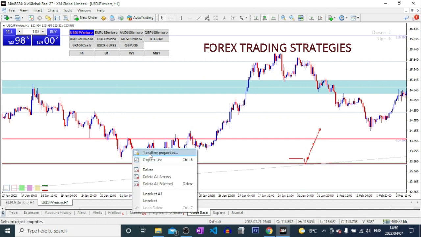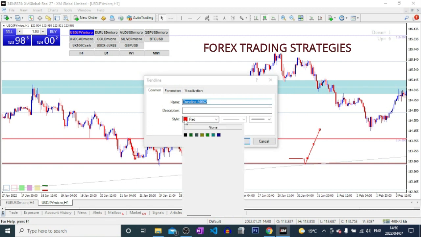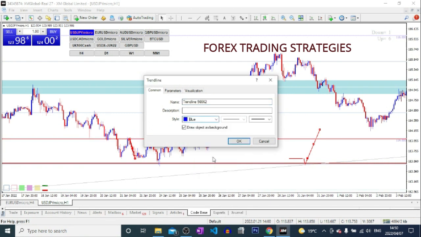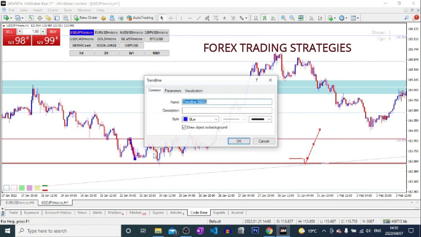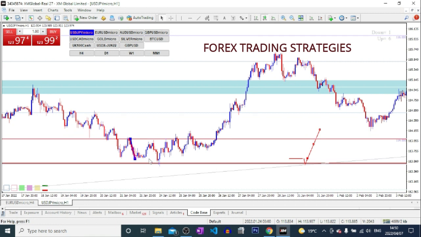Let me make this one blue. Let's see if we can make it blue and visible. Let's bring it in the foreground. Is it in the foreground? I don't know.